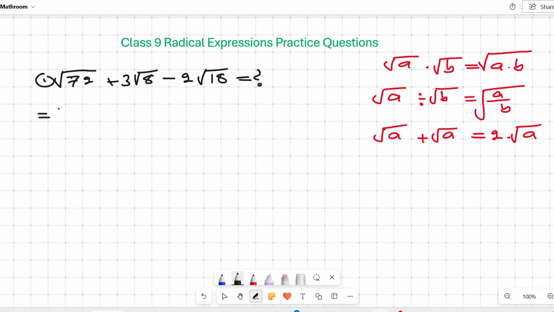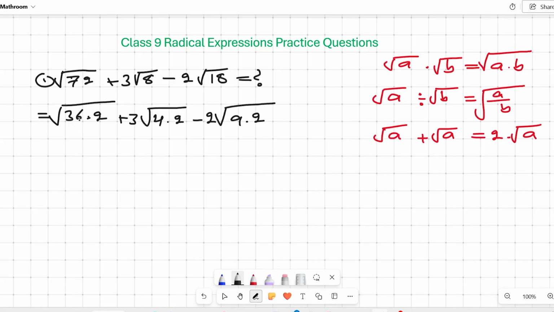72, we can write 72 as the square root of 36 times 2. So 36 times 2 becomes 72, plus 3 comes itself. Instead of 8, I can write 4 times 2, minus 2. Instead of 18, I can write 9 times 2.